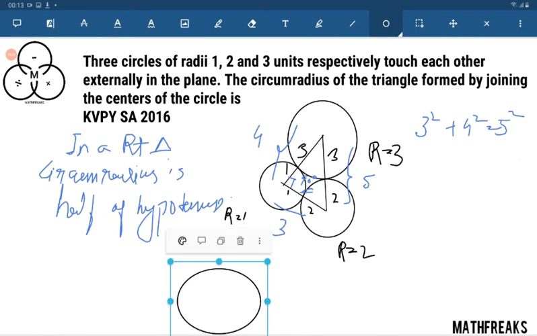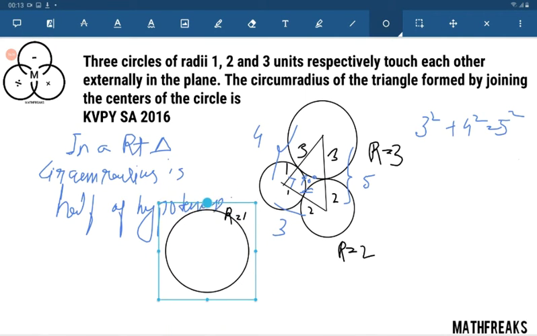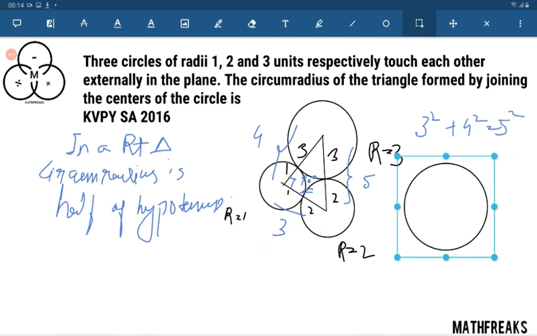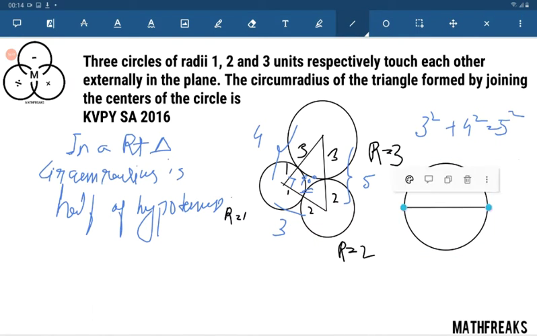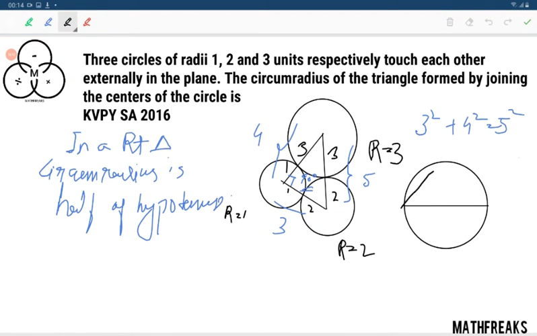This is so because for any circle, if we draw a diameter, then what can you say about this angle? That this is always going to be 90 degrees. This is a triangle ABC, and this is the circumcircle. Now what is the circumradius? Half of the diameter, that is hypotenuse.